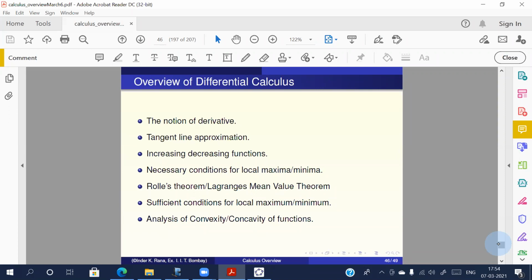These are topics that are normally done in differential calculus. You can think of them as applications of differential calculus.